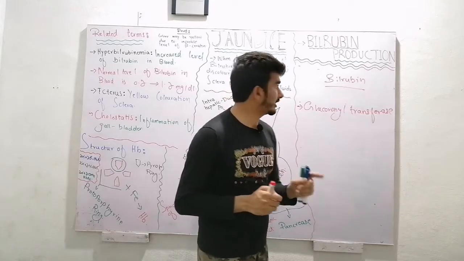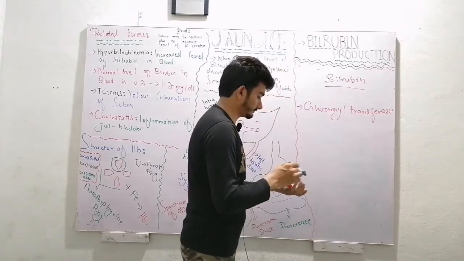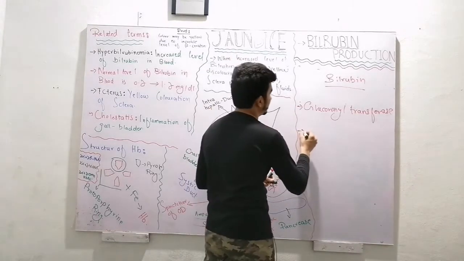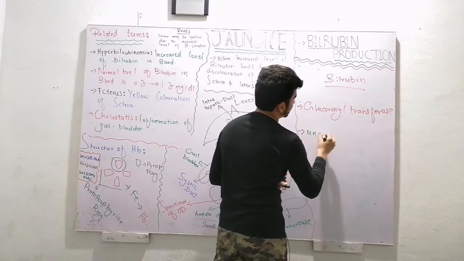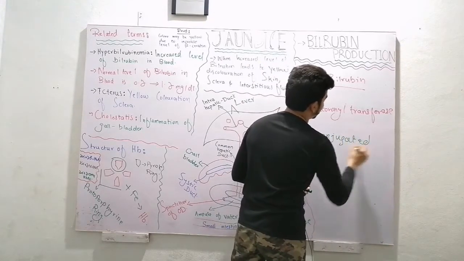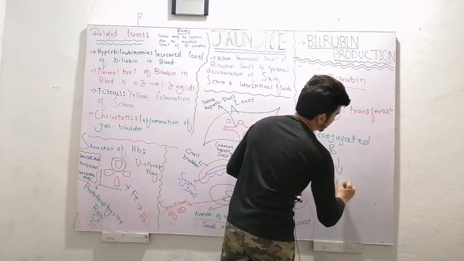And what is the function of glucuronide transferase? Now it will convert the unconjugated bilirubin into conjugated bilirubin.